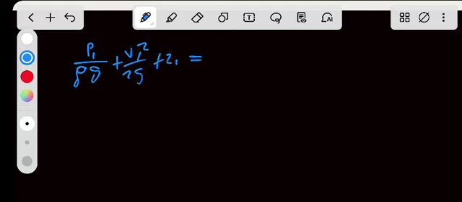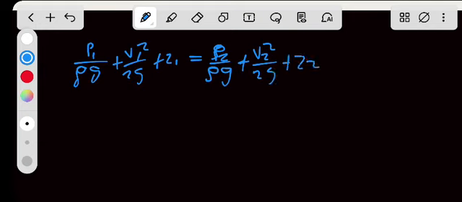Know that Bernoulli's equation: P1 over density times gravity plus V1 squared over 2g plus Z1 must be equal to P2 over density times gravity plus V2 squared over 2g plus Z2.